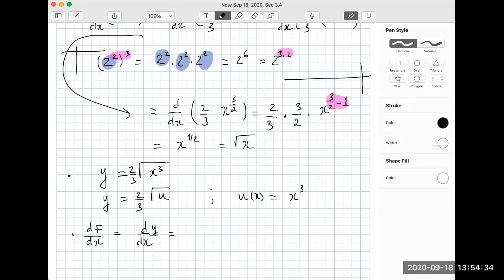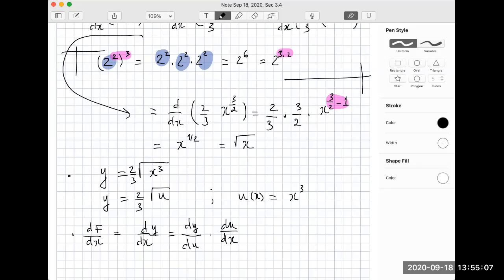Yassini, can you help me? Dy over dx. So what is the chain rule in this case? So dy over du and then du over dx, right? Memorize this rule, okay? It's somehow like inserting the du in the denominator here and numerator here, imagine.